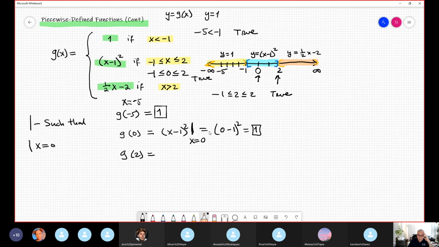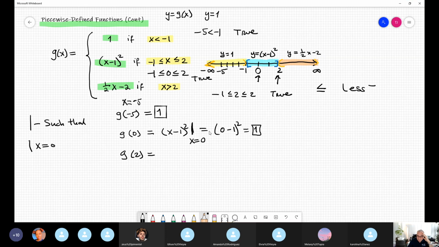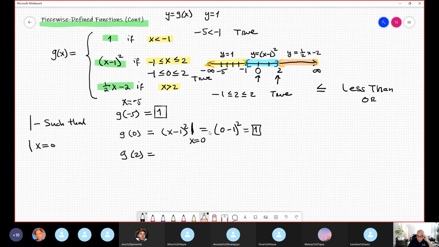It's true because 2 is greater than -1 and 2 is equal to 2, so it's not necessary to satisfy both. Remember, this symbol is equivalent to saying less than or equal to. Less than is obviously not true, but equal to is true. So at least one statement is true. The compound statement is true.